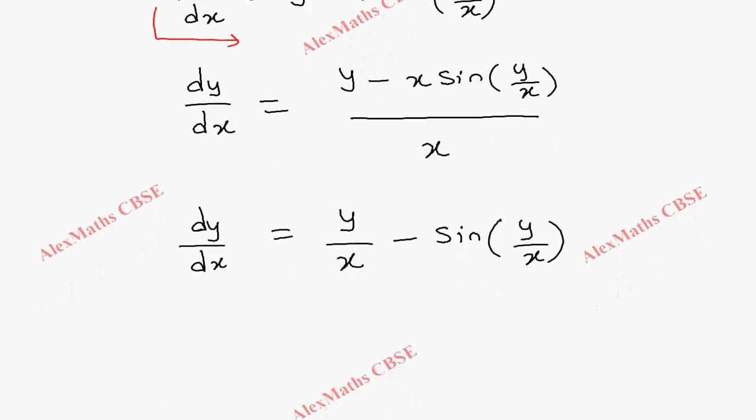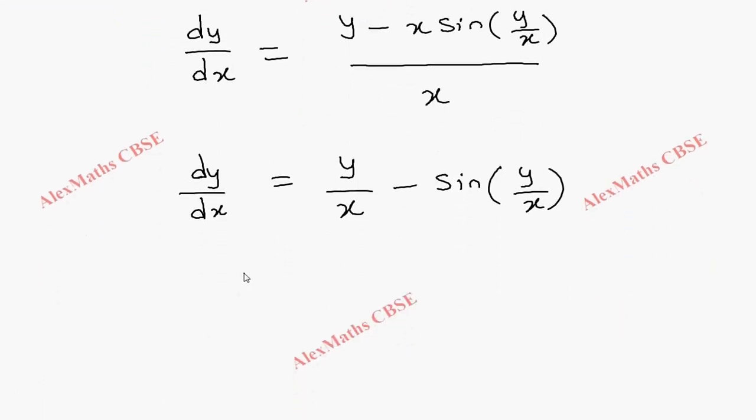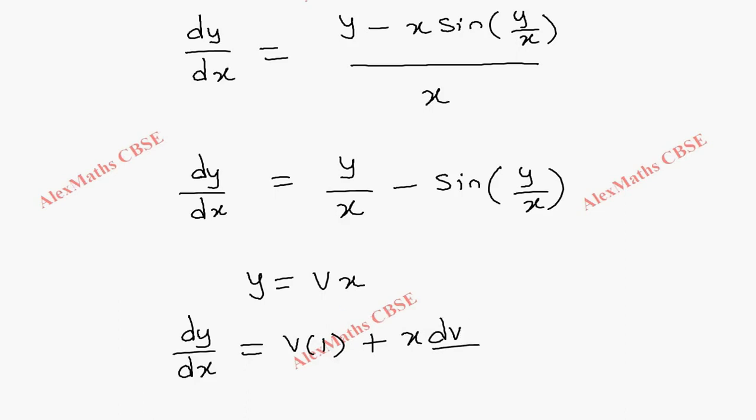As per the homogeneous method, we have to take y equal to vx and dy by dx equal to, using the product rule, v into the derivative of x, which is 1, plus x into the derivative of v, which is dv by dx.